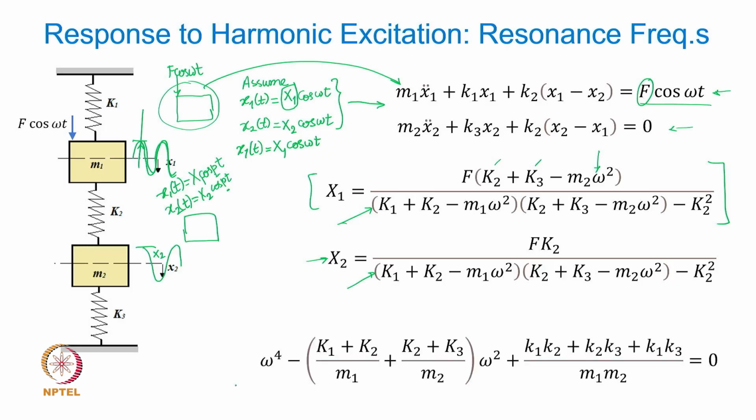and you may compare this expression with what we solved for a simple 2 degree of freedom free vibration case. This frequency equation is exactly the same as the one which we obtained by assuming harmonic solution for both masses, and this was just the same expression.